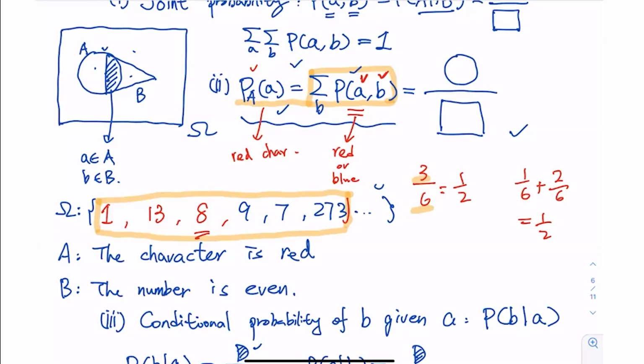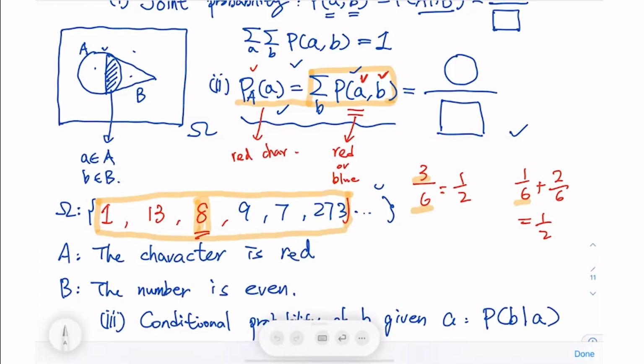The probability that we got a red and even number is basically we only have this one event, character 8, right? So the first term of this sum will be 1/6.